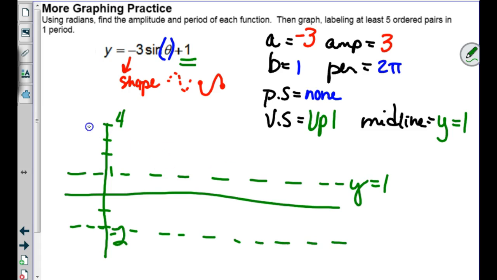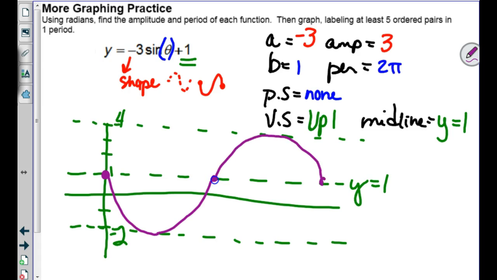I usually draw these just as boundaries for my own information, but you don't have to. All right, then we said it's going to start at the midline and go down, right? Because of the negative. So there's the midline. Goes down, back to the midline, maximum, back to the midline.